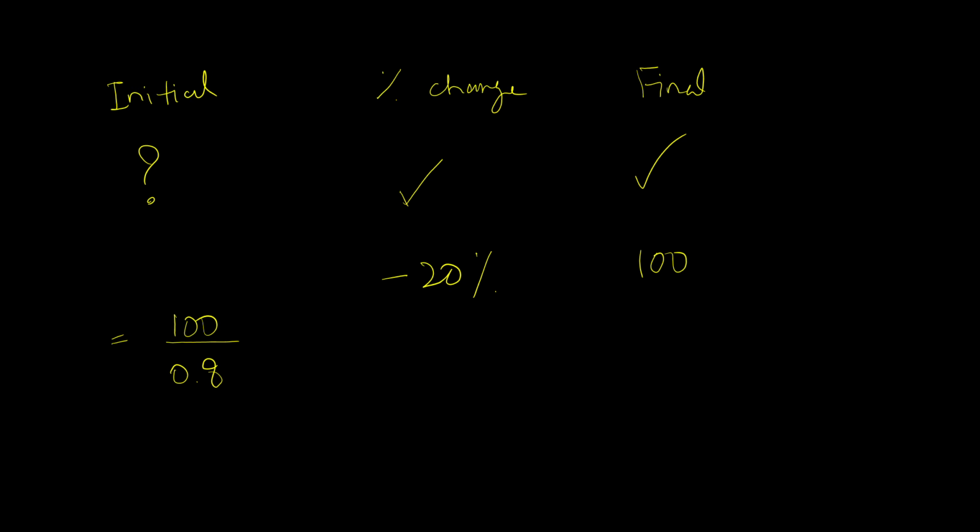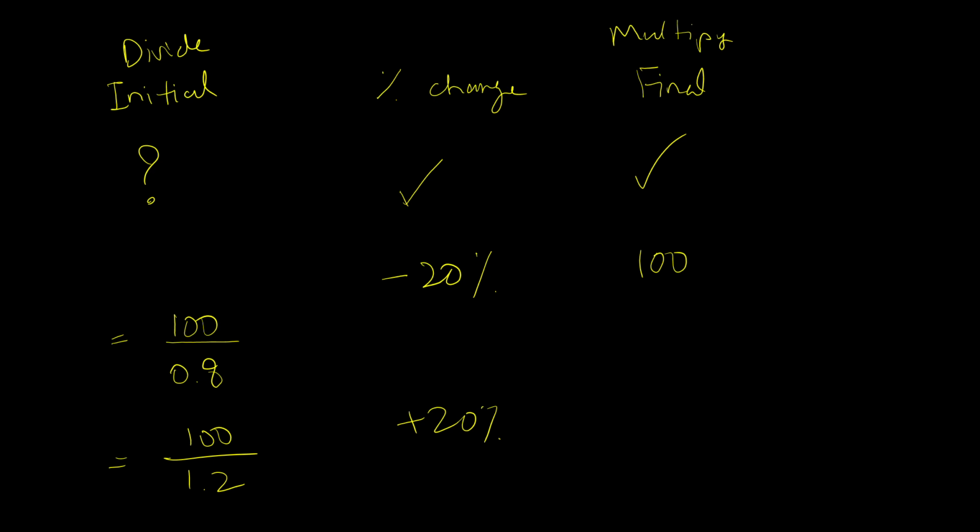Look at the MCQs and you will find the same answer. Now, what happens if the change was positive 20%? Same method, convert it into decimal, 1.2. Divide. Whenever you don't know the initial value, divide. The initial value says divide me. And when you want the final value, then multiply. That's all you need to know.